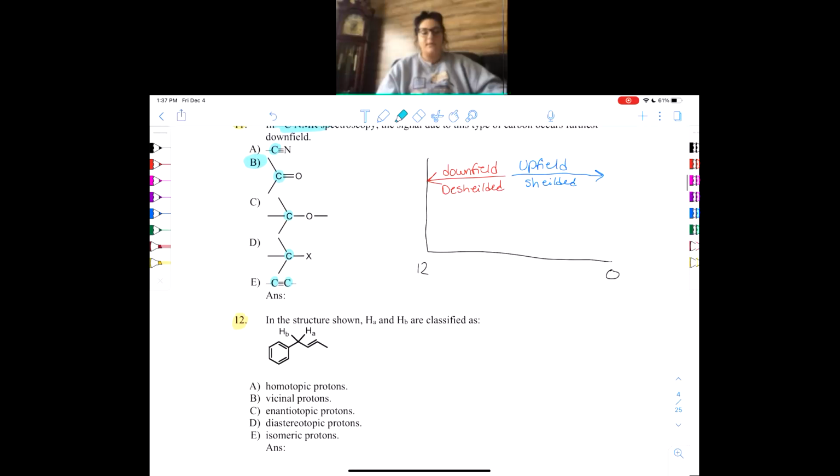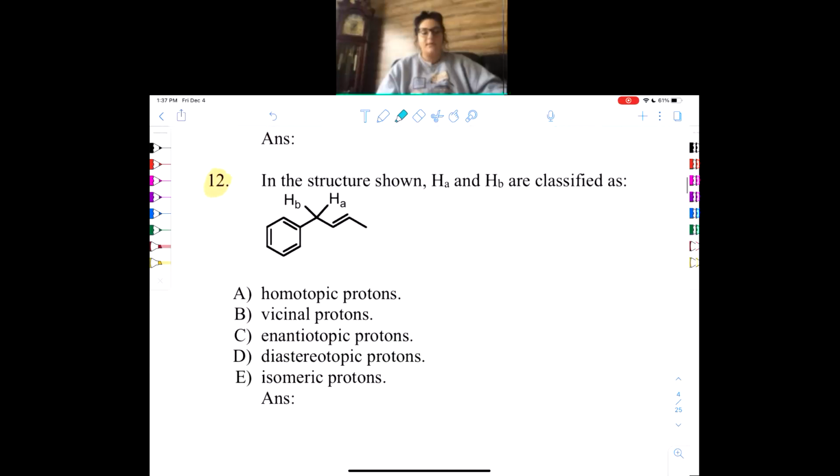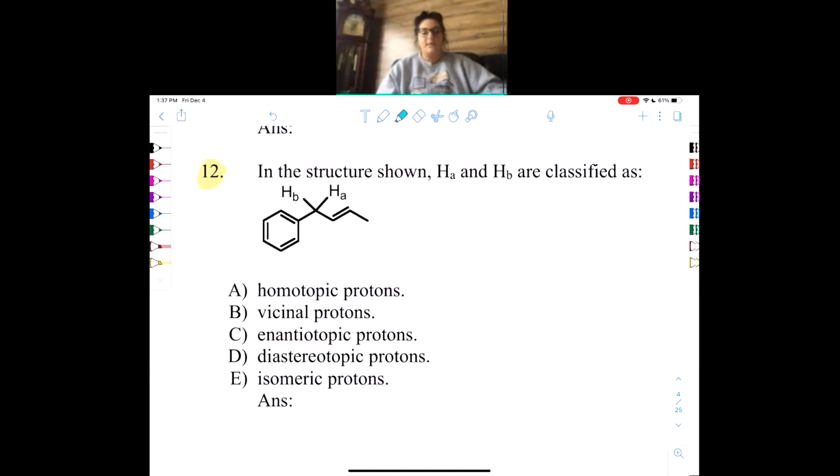All right. Going down to number 12, HA and HB are related how? First thing we ask ourselves, is there a chiral center on this molecule?